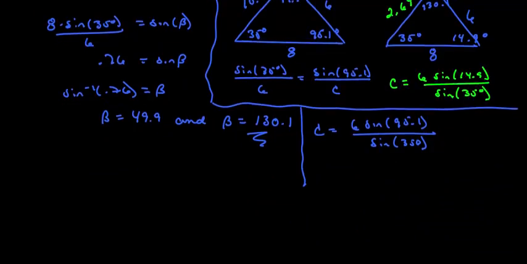Okay, let's keep going. Let's try another problem here. We have enough time in this video. So let's say we've got a situation like this, where alpha is equal to 50 degrees, A is 2, and C is 1.